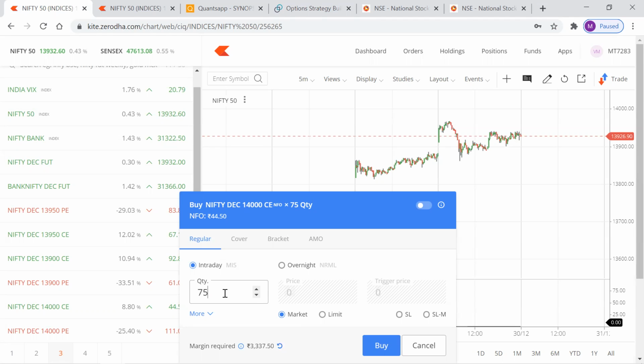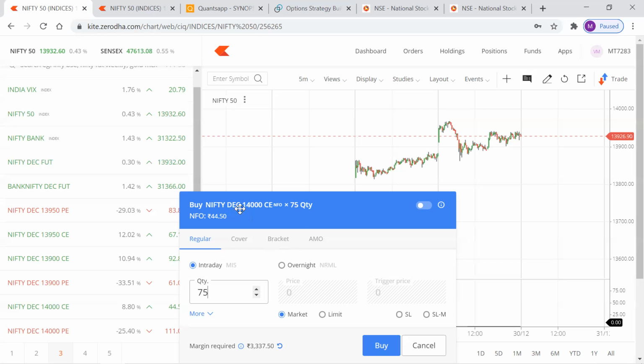It's like a wholesaler. In a retail shop you get loose quantities; in a wholesale shop you get only standardized quantities. Options and futures contracts are like that.